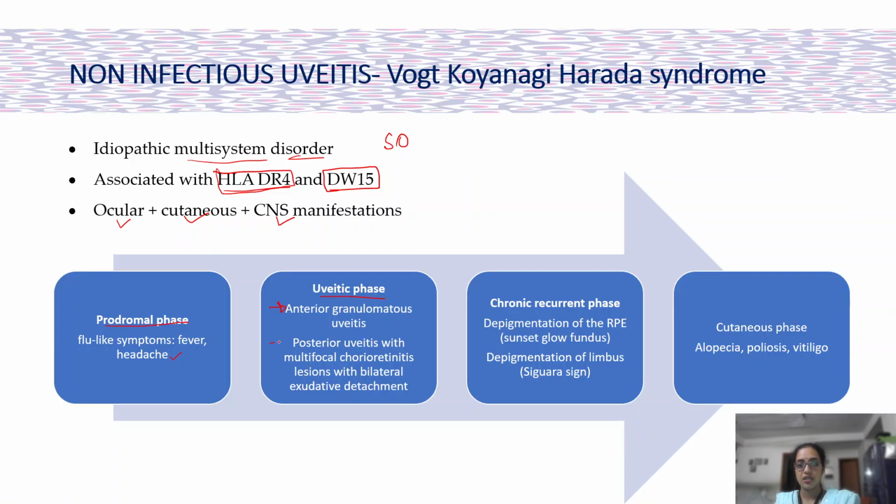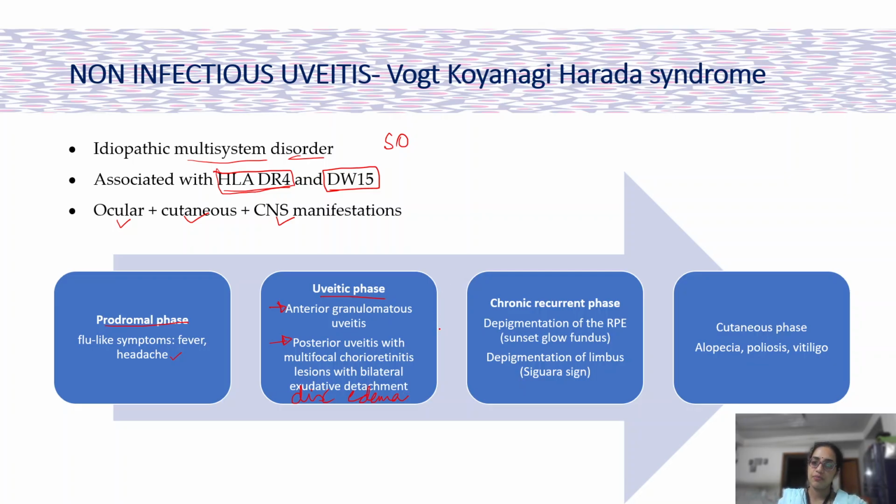and the posterior uveitis is characterized by multifocal chorioretinal lesions with bilateral exudative retinal detachment. So there is always an accompanying bilateral disc edema with a lot of small areas of exudative retinal detachment, which overlies the chorioretinitis lesions.